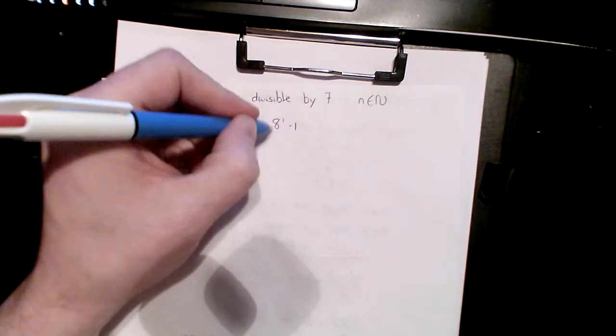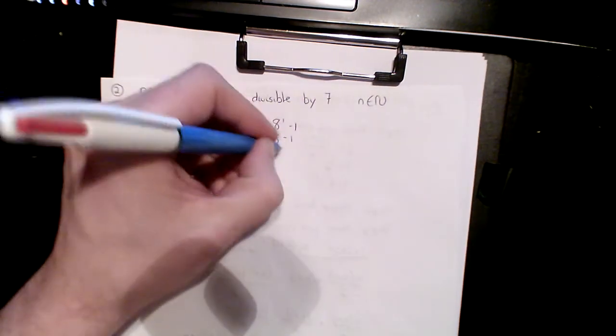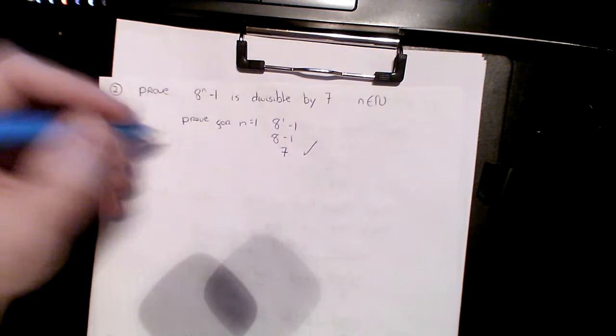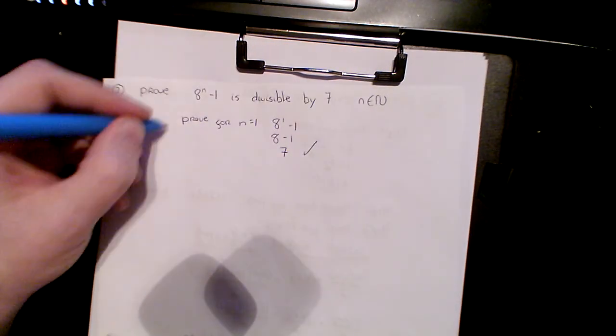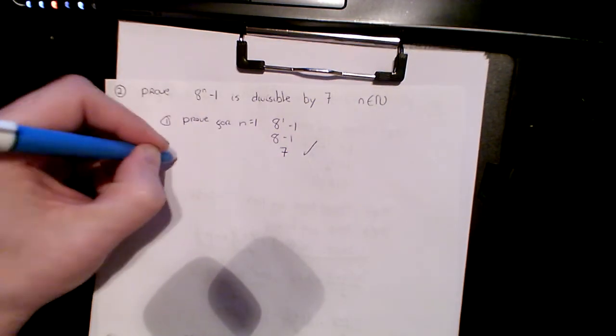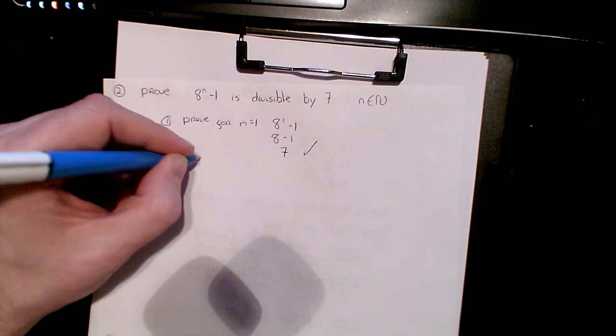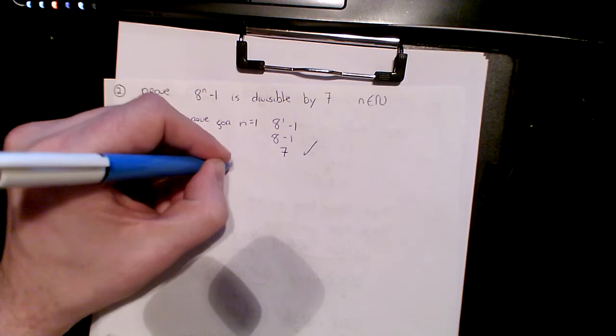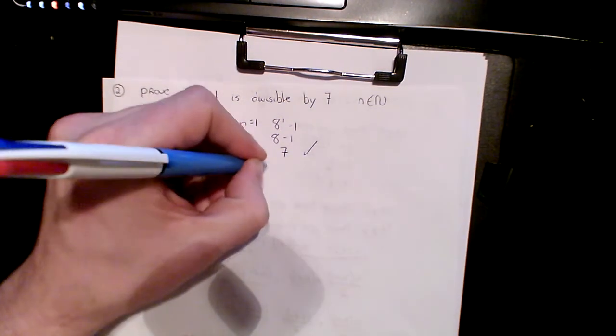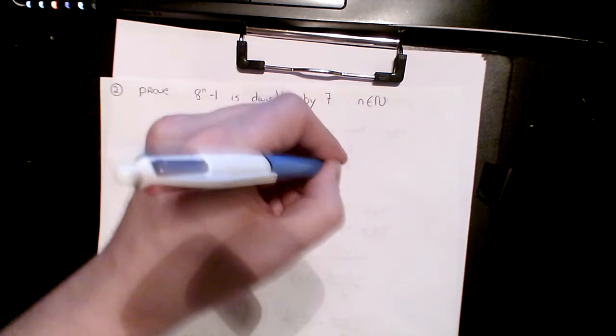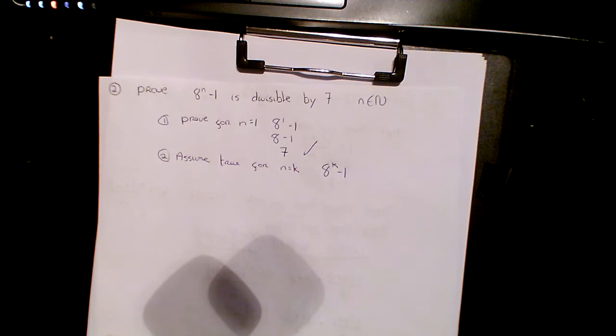So 8 to the power of 1 minus 1, 8 to the power of 1 is 8, minus 1, which is 7, so that is true. Step 2, assume true for n equals k, and that will be 8 to the k minus 1. Assume that's true.